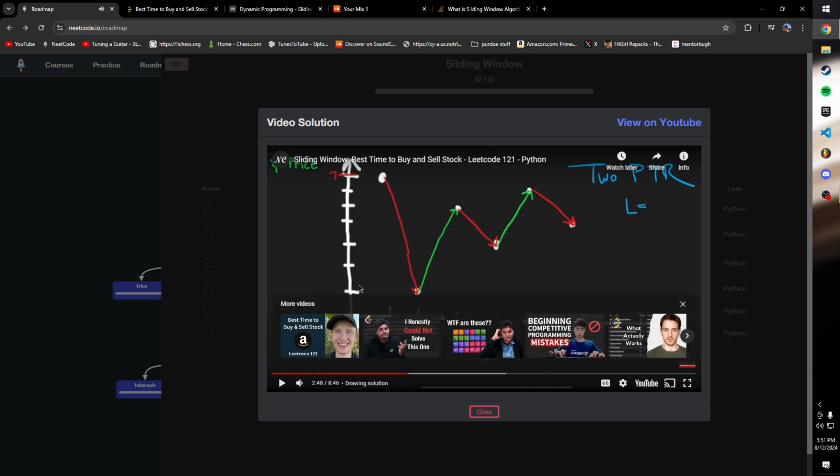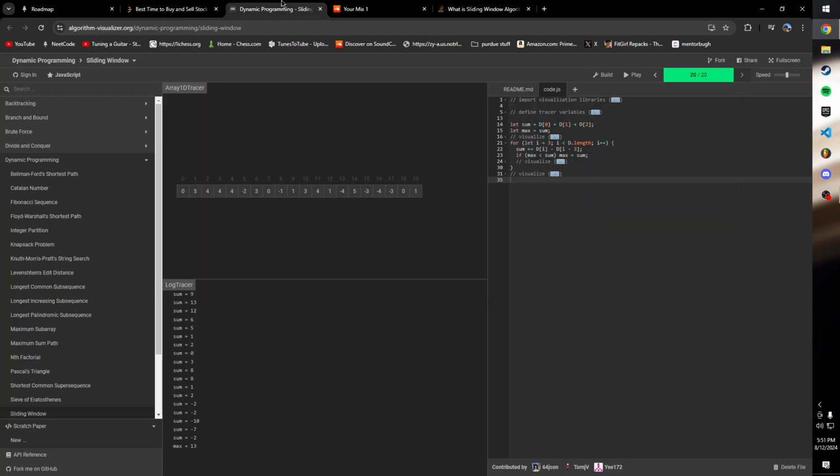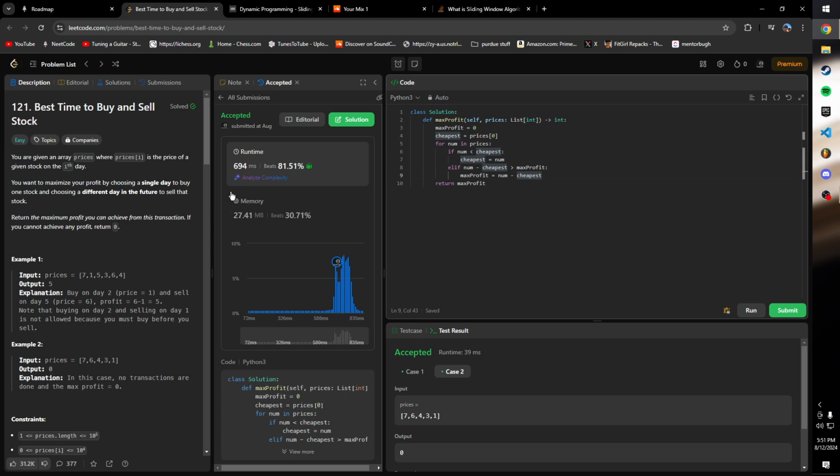Okay, so I don't think I did a two-pointer solution, but I think I see where the two-pointer solution can go. So if I did the two-pointer solution, we did L equals 0, R equals... or yeah, let's name these better.